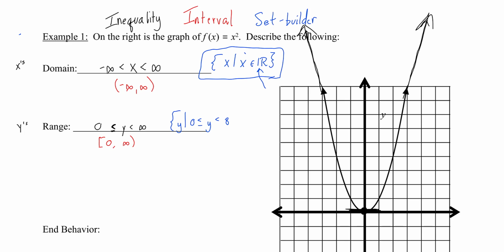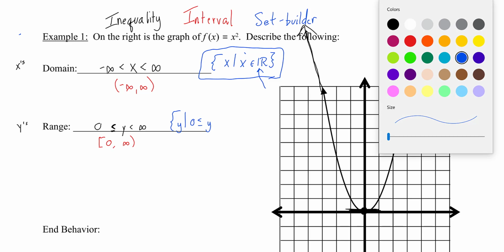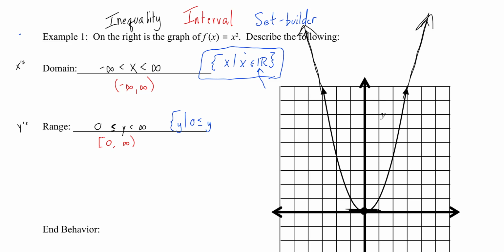I wrote infinity wrong, but really all we need is this here, because if y is greater than or equal to 0, that implies that y goes all the way to infinity. So here's 3 different ways to write domain and range.